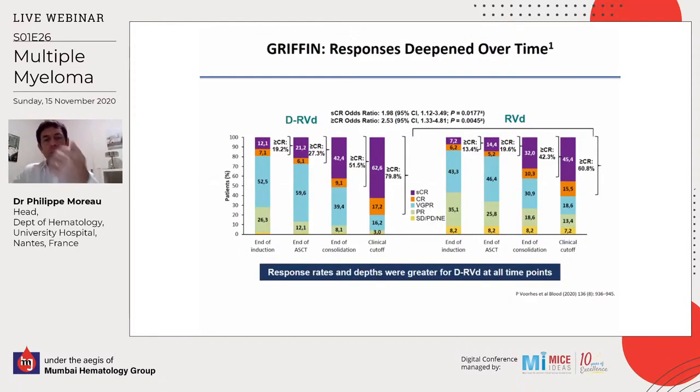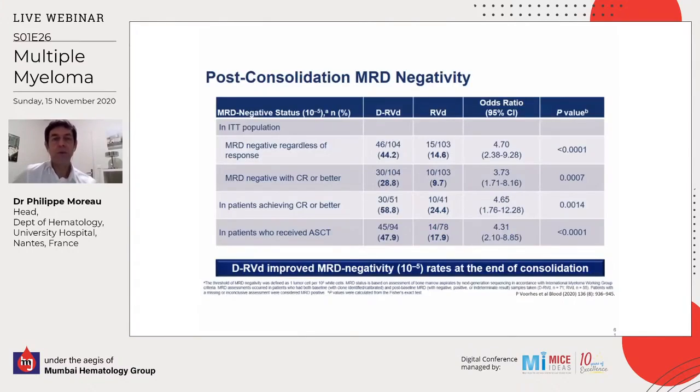And you see that over time, very similarly to Cassiope, the responses are deepening after induction, after stem cell transplantation, after consolidation in the 2 arms of the study, and the best responses are achieved with VRD daratumumab.